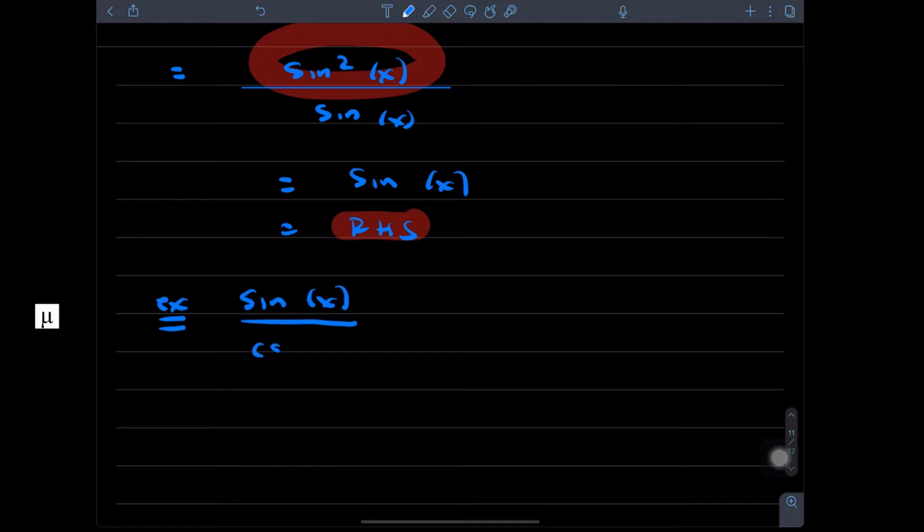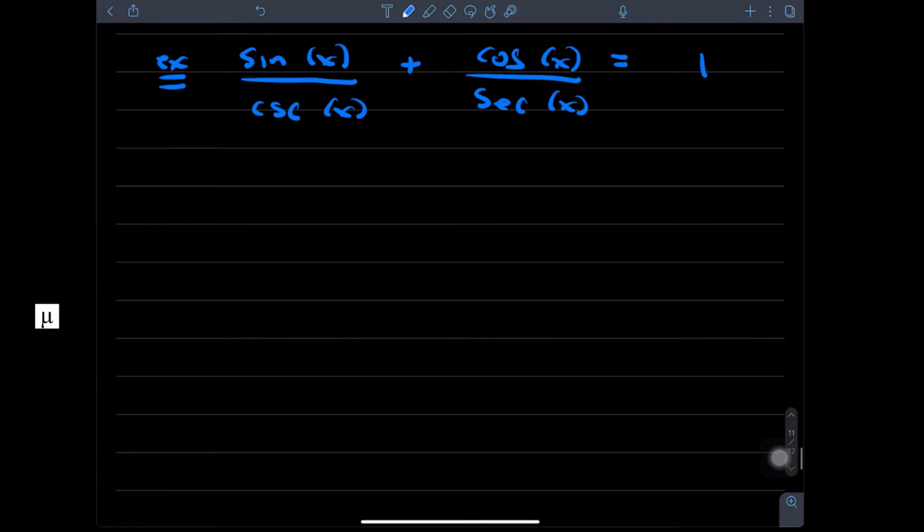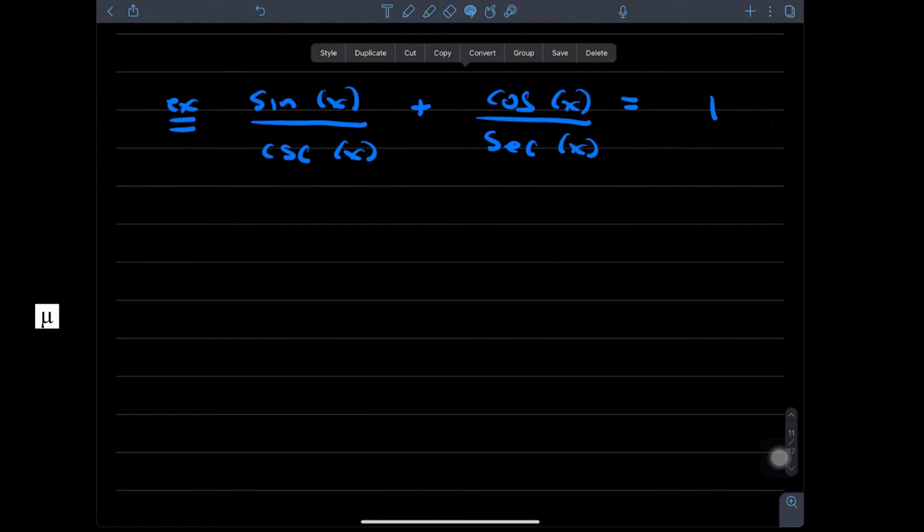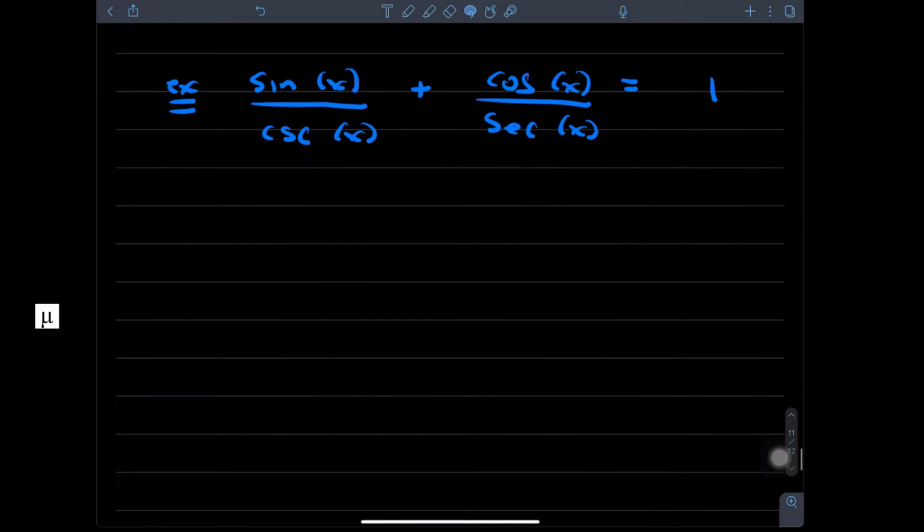Sine x over cosecant x plus cosine x over secant x equals 1. Okay, you okay with that?